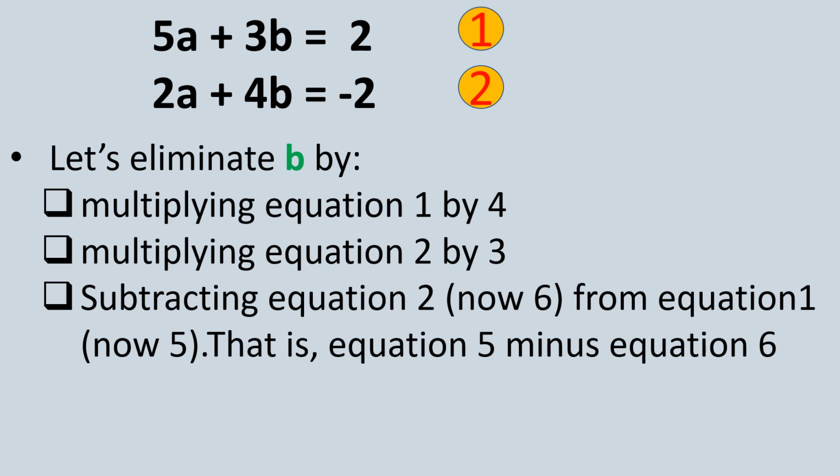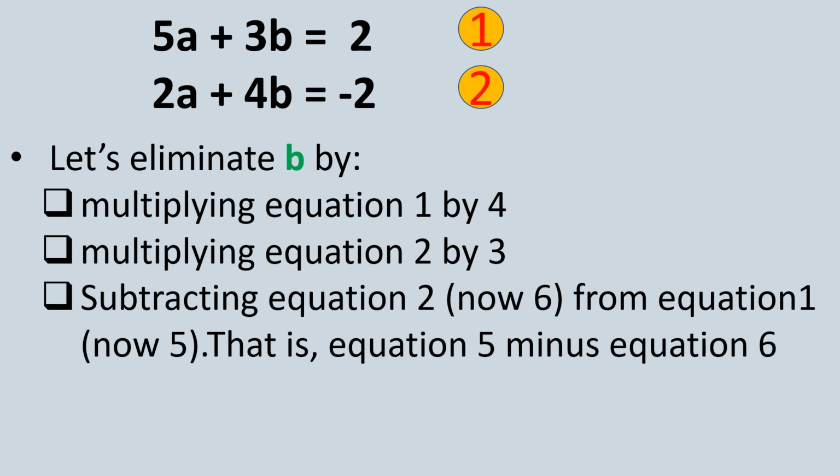So when you multiply the coefficient of b in equation 1, that is 3, by 4, you have 12b. And if you multiply 4b in equation 2 by 3, you have 12b.